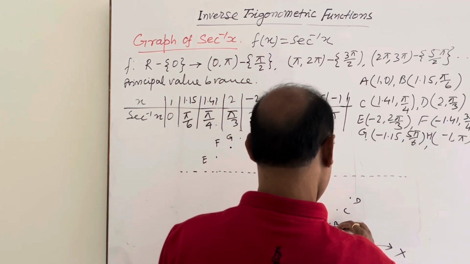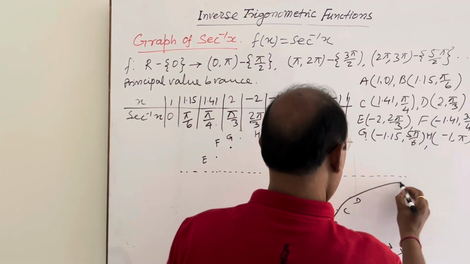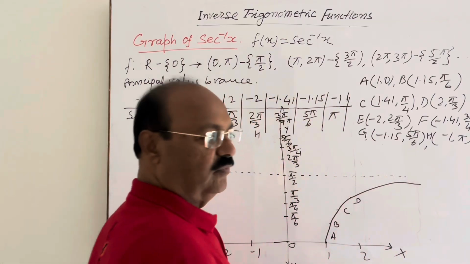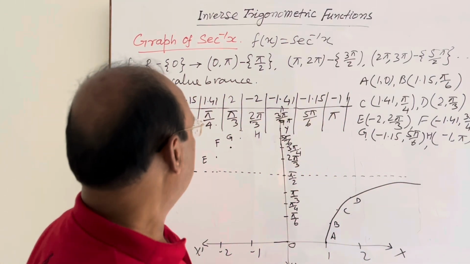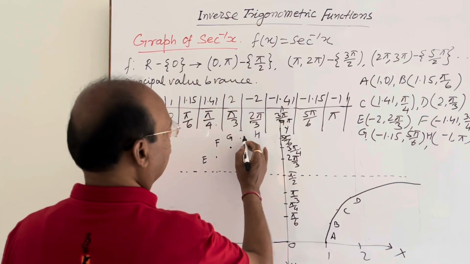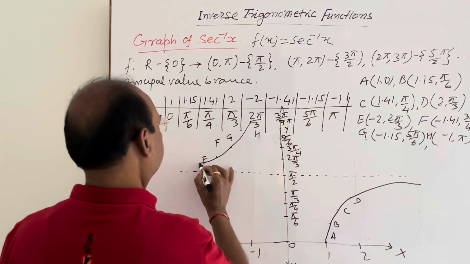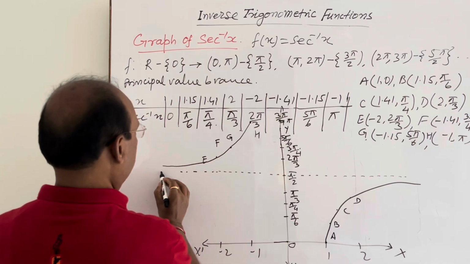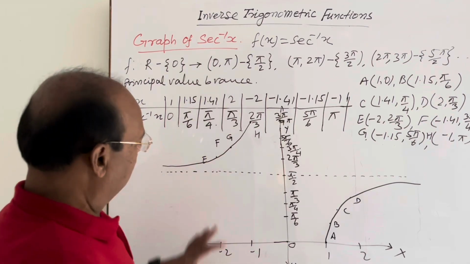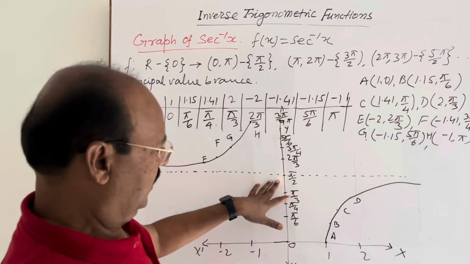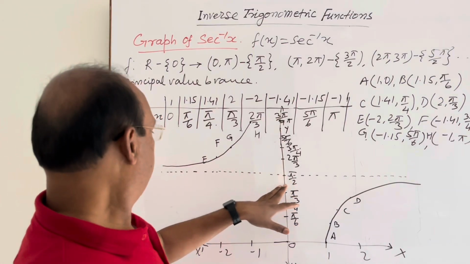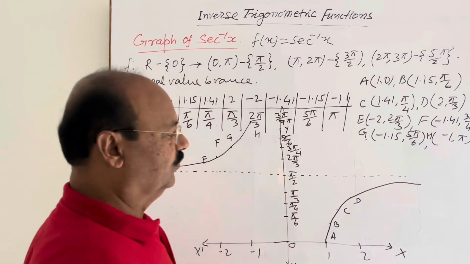In the first quadrant, the graph will be like this, and in the second quadrant, the graph will be like this. This will not touch the value where the y coordinate is pi by 2.